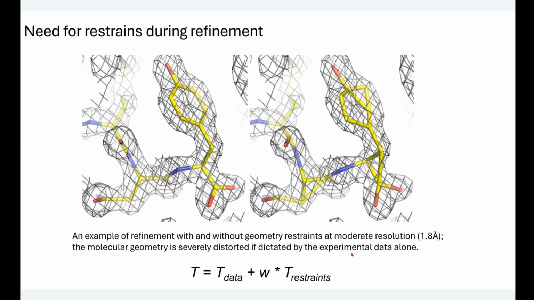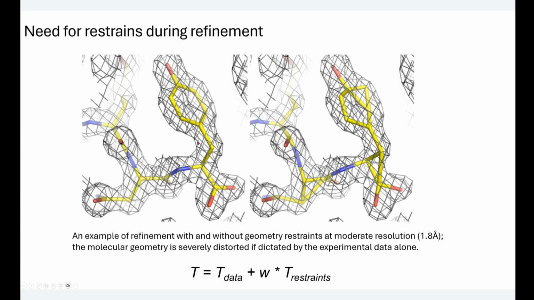Bond lengths, bond angles, torsion angles should be reasonable. Secondary structure should be reasonable. To achieve this, what's usually used is a weighted compromise between the observed density and some restraints that force the model to have correct structure and chemistry.